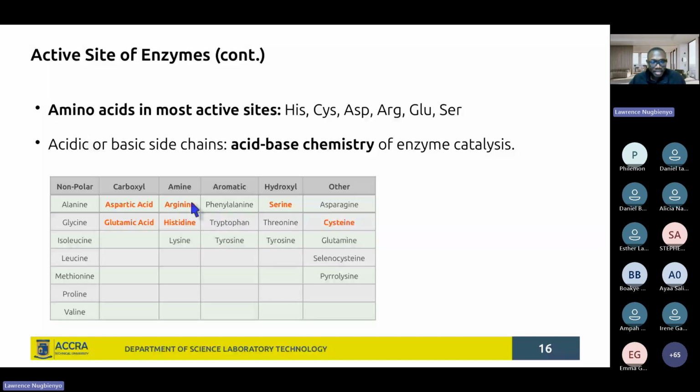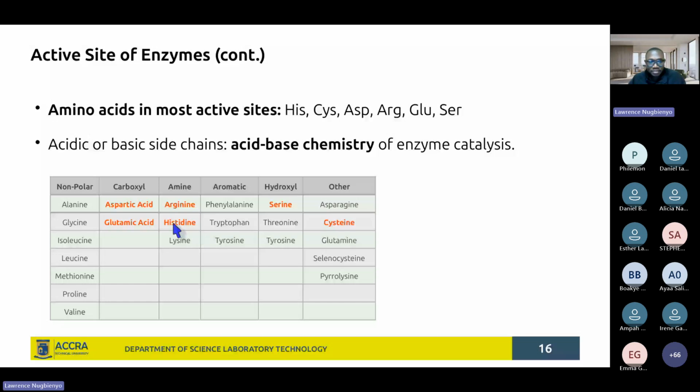It's accepting hydrogen ions, like acting as a base, for instance. It will receive it temporarily and give the hydrogen ions out. We'll look at some mechanism of the sort.